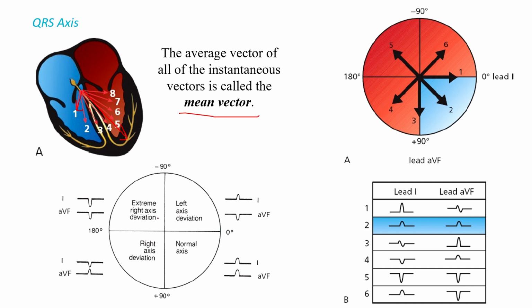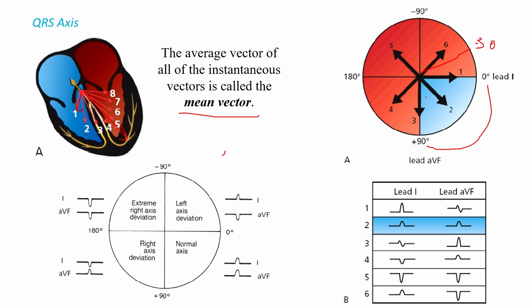And before coming to this table, which is so easy to understand, I want to explain more about this axis, then come back to this table, this figure. First of all, normal axis we said should be between 0 to plus 90, but nowadays they say even up to minus 30 is normal, but we will stick to this portion 0 to plus 90.